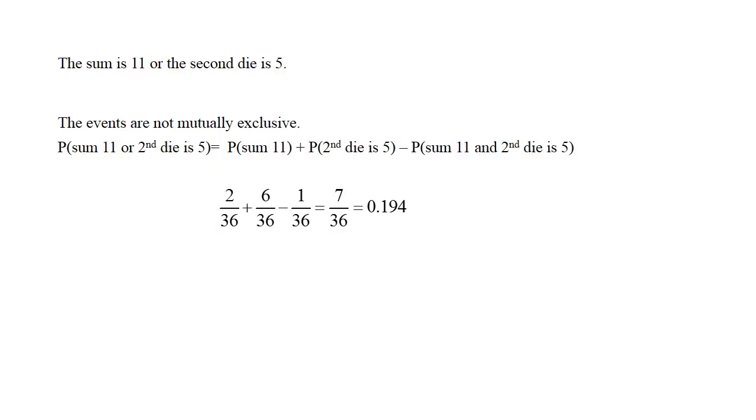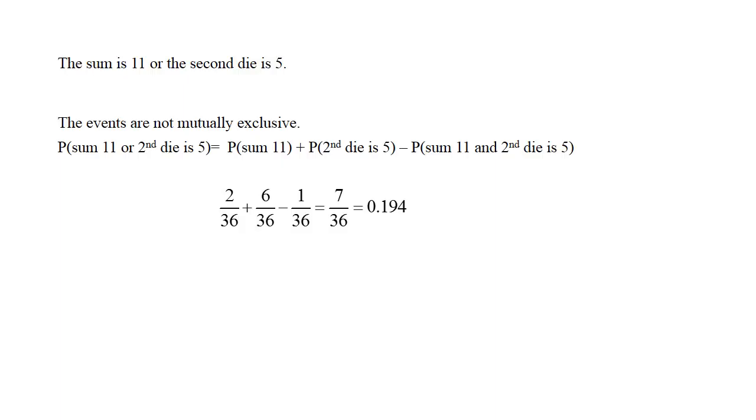The third question asked us to find the probability the sum is 11 or the second die is 5. Again, the events are not mutually exclusive, so we'll use the same addition rule. The probability of rolling a sum of 11 or the second die is 5 is equal to the probability that you have a sum of 11 plus the probability that the second die is 5 minus the probability that you have a sum of 11 and the second die is 5.